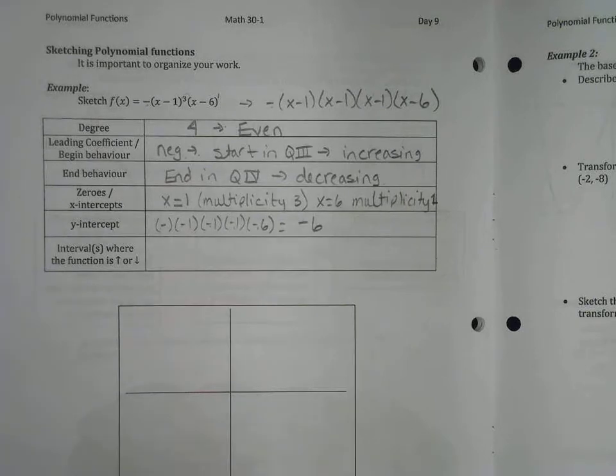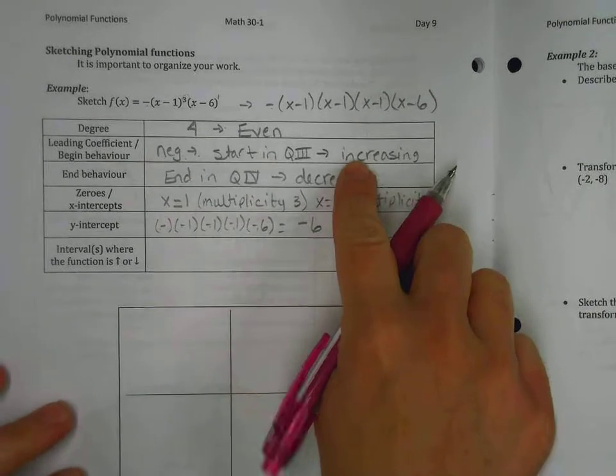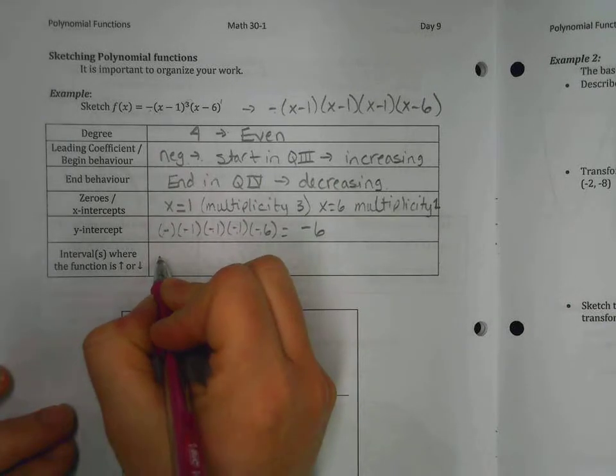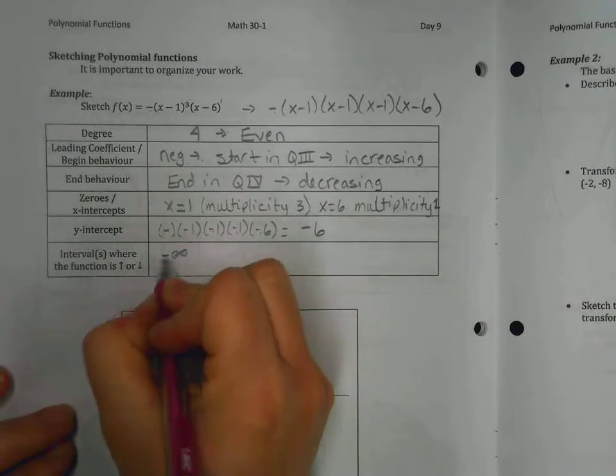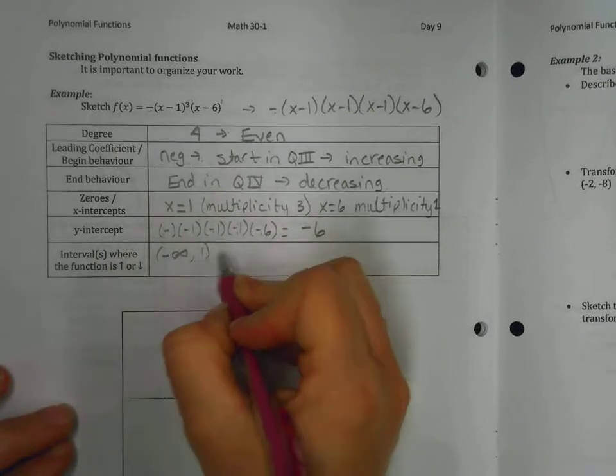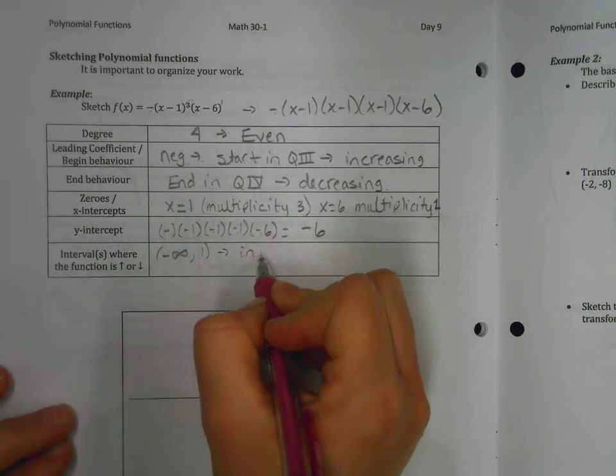Okay, so then intervals where the function is increasing or decreasing, well, it's going to start off increasing. So from negative infinity to my x-intercept of 1, my graph should be increasing.